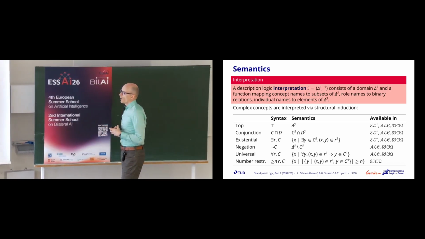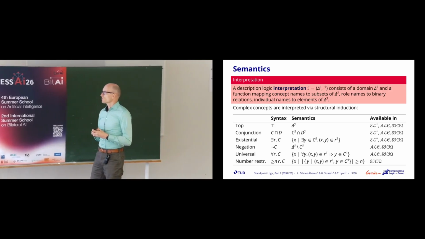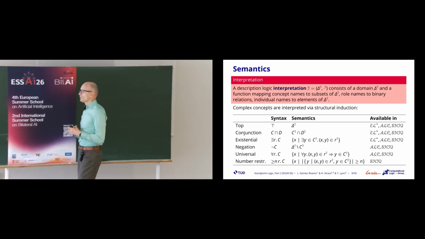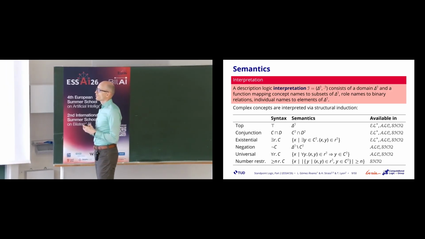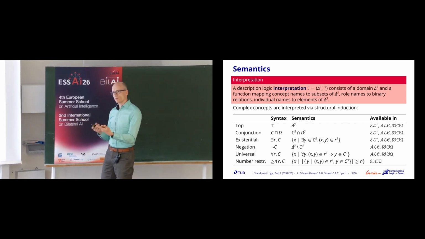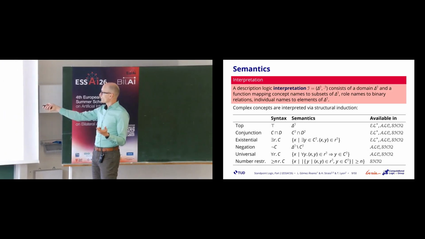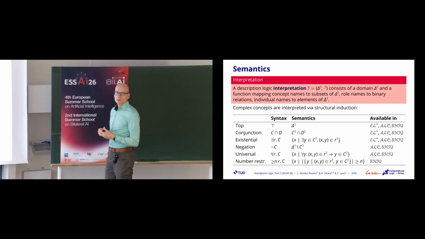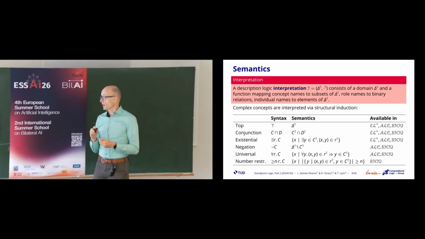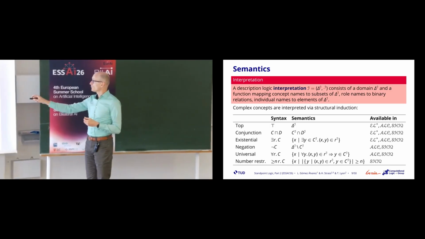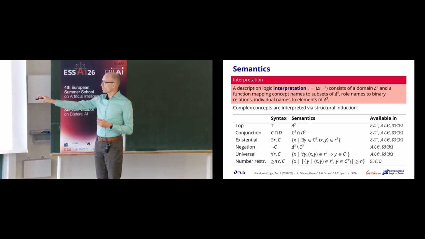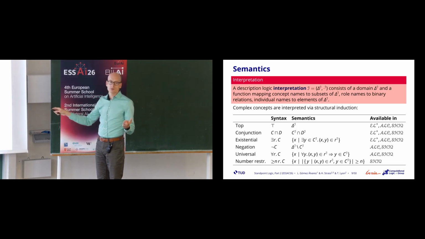And whether or not these constructors are allowed in your description logic then determines what you can express in this logic and also how complex the reasoning problems are. So for example, in EL, the language we are going to look at next, we have top, we have conjunction, and we have existential restriction, but we don't have negation. Right?